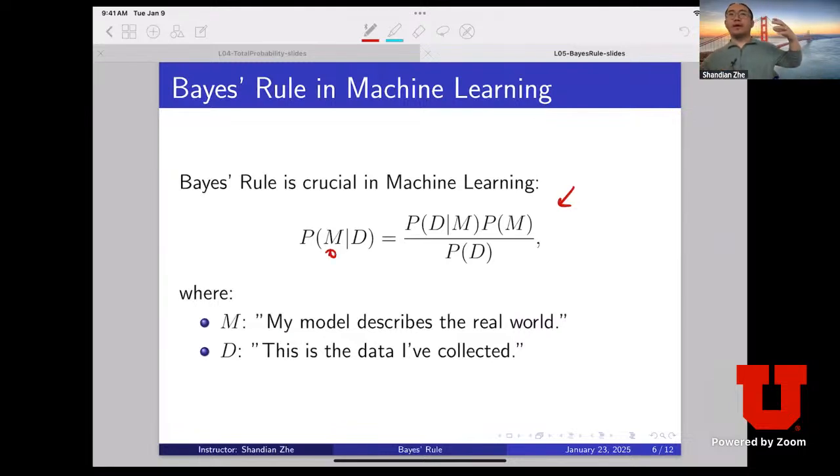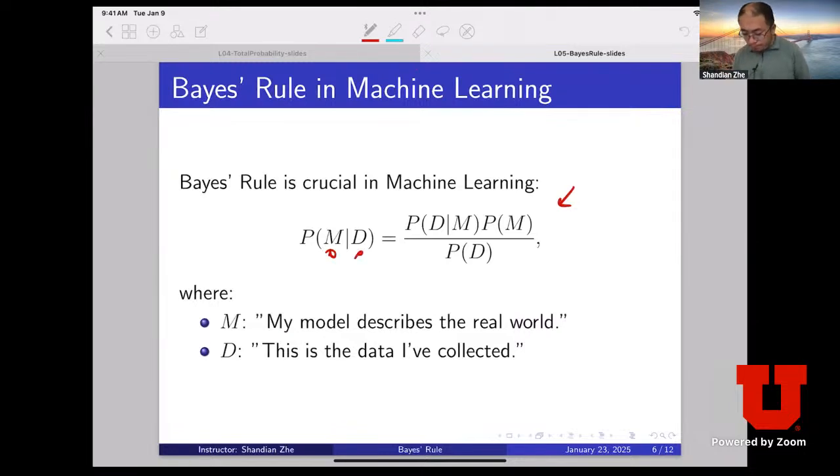This model could be a support vector machine, a Gaussian process, or a very big neural network. It could be transformers, convolutional neural nets, recurrent neural nets, and so on. You name it, there are many, many possible models.